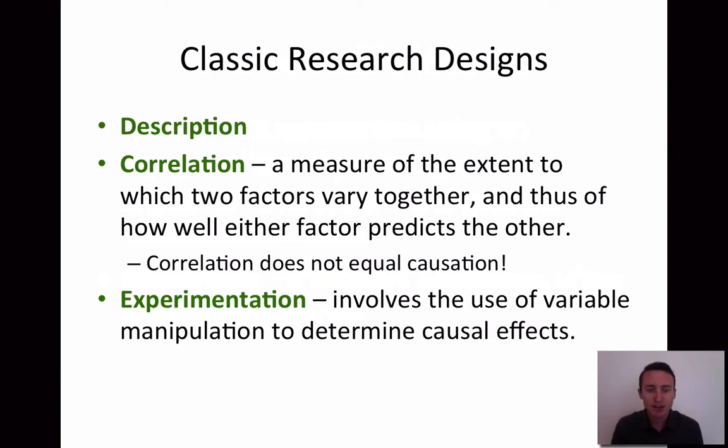So it all starts off with description. This is the starting point to any science. If I don't know enough information about a topic, the first thing you want to do is describe as much as you know. So making observations, interviewing people, giving people surveys. Descriptive research is great because it's simply a method of gathering information about some topic.